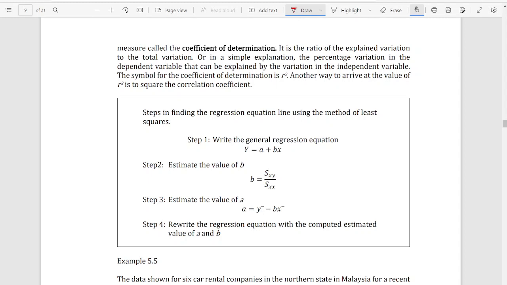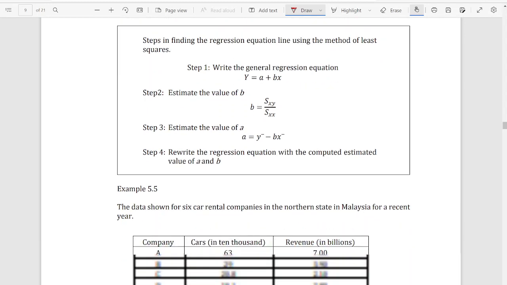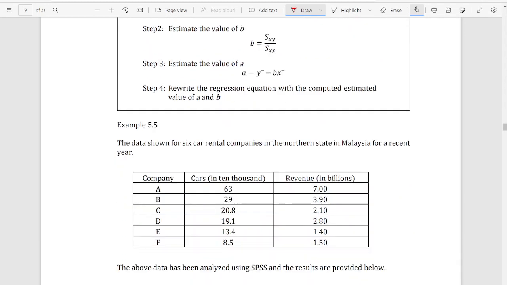Dan akhir sekali, step yang keempat, kita tulis semula regression equation dalam step 1, tetapi sekarang kita gantikan nilai a dan b dengan nilai yang kita perolehi daripada step 2 dan step 3. So, that is the process of finding the regression equation.